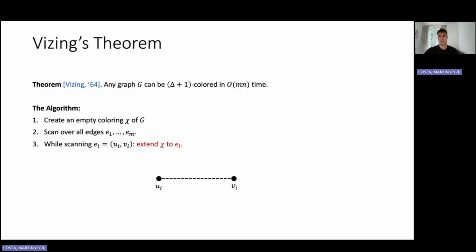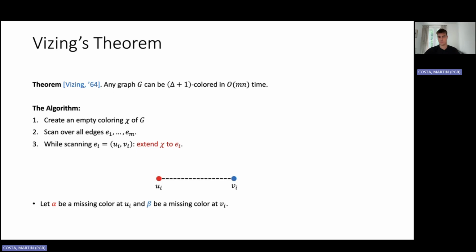So suppose we have some edge u_i v_i, which is currently uncolored, and consider missing colors at the endpoints of this edge. We say that the color alpha is missing at u_i if there is no edge with the color alpha currently incident on the vertex u_i.